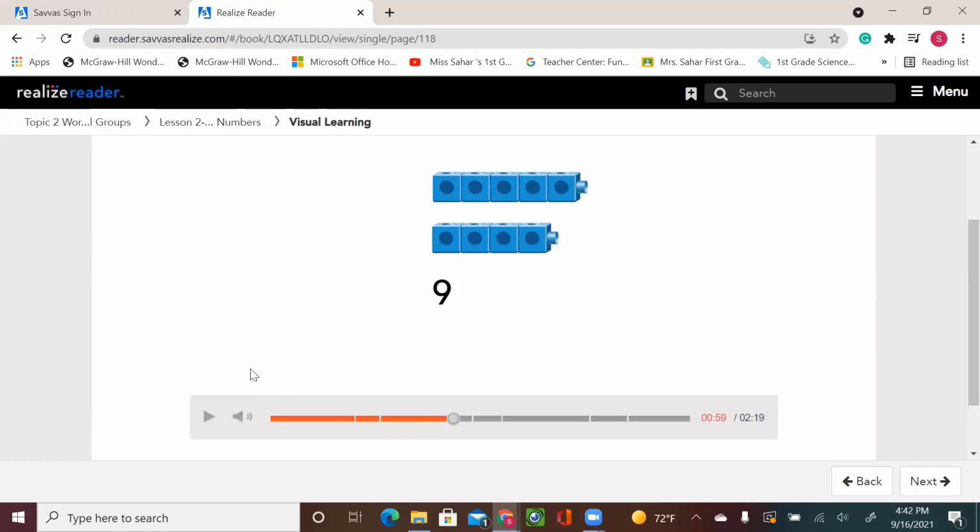So this is not an even number, it's an odd number. The number 9 is odd. How do you know the number 9 is odd? The number 9 is odd because you cannot separate the train of 9 cubes into two equal parts.